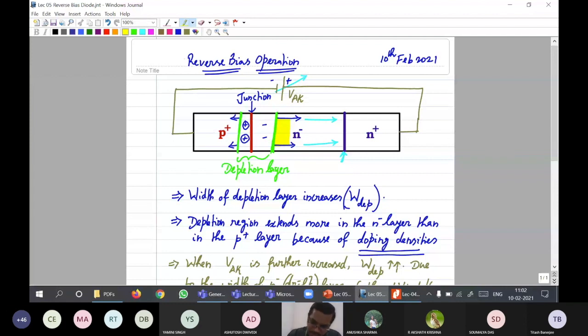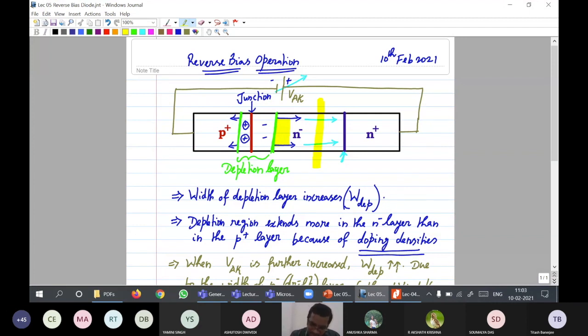See, if the user wants the depletion layer to be stopped somewhere here, wherever I am highlighting, then the width of the N minus layer should be made bigger. Only then the applied reverse bias will not be able to penetrate and touch the N plus N minus interface.